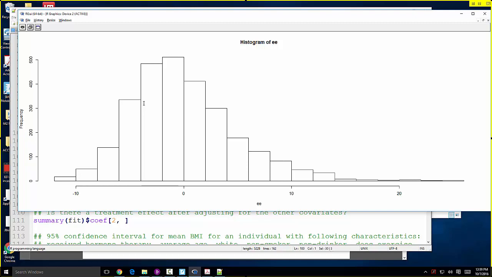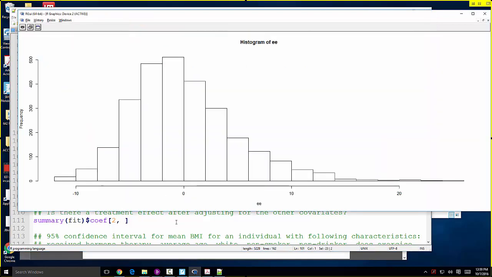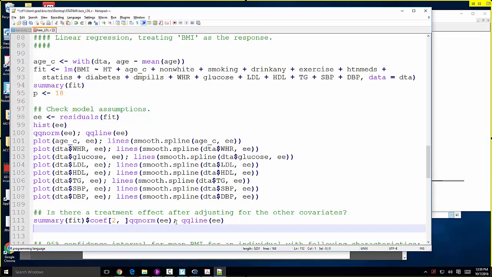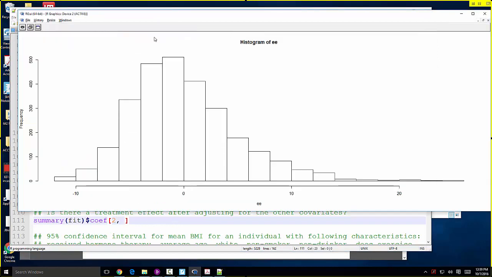Those don't look perfectly normal. The distribution looks skewed, right skewed, a little bit. Could also do QQ plots. Here's a QQ plot for the residuals. Where did the console go?